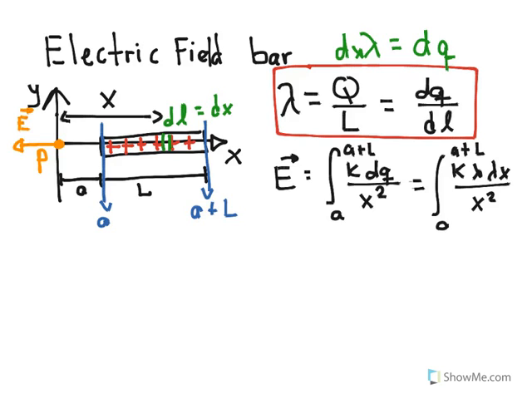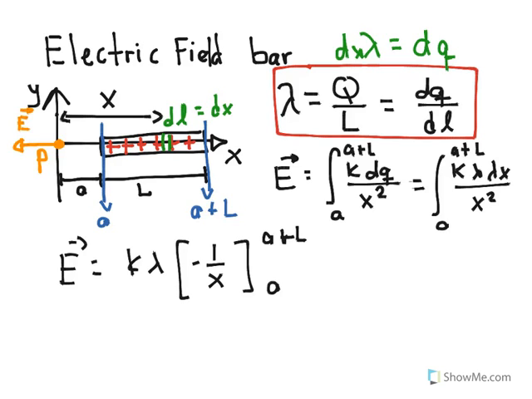Otherwise, we can actually look for a function of the density with respect to x. In this case, then, we have that the electric field is going to be equal to k lambda times minus 1 over x, which is the integral of 1 over x squared dx, from a to a plus L, and if we evaluate the limits, we can get to k.